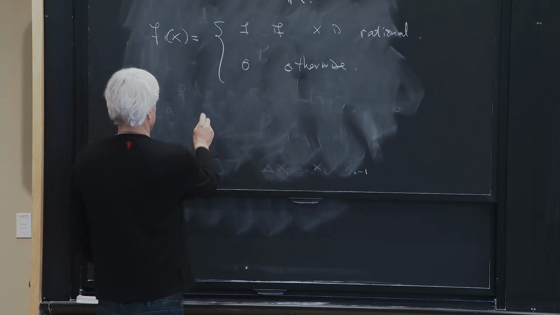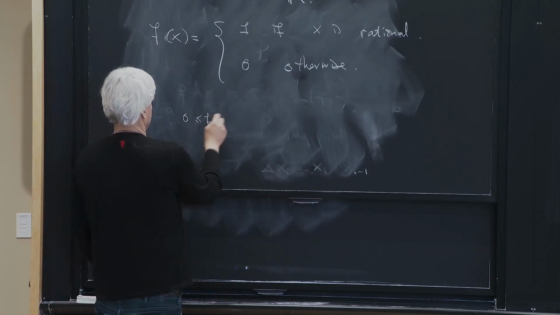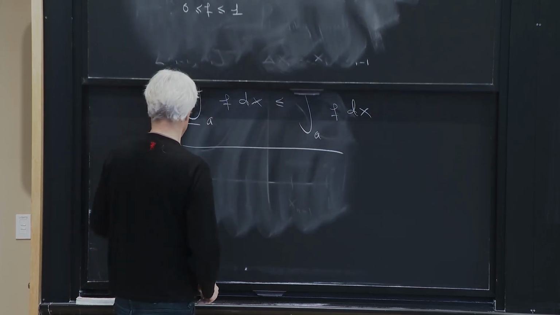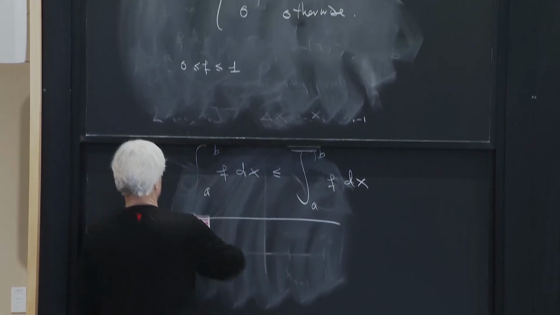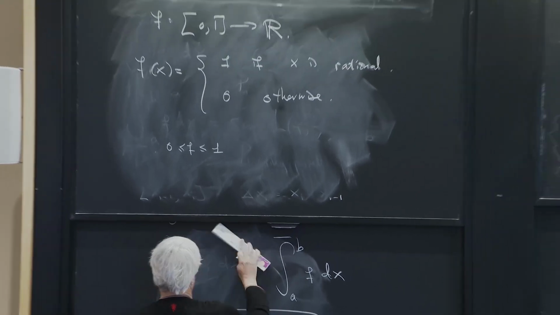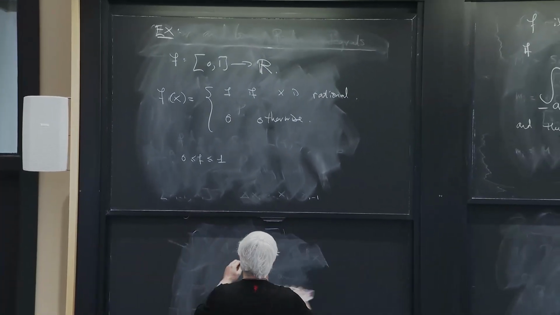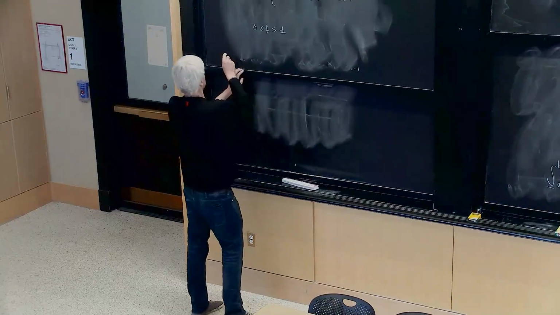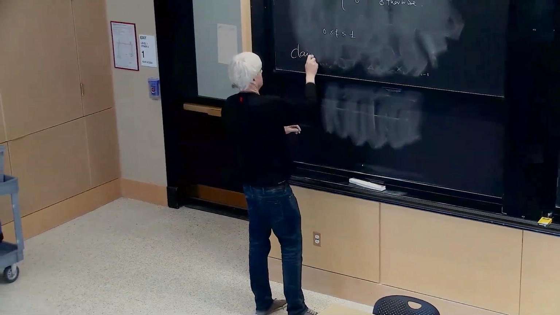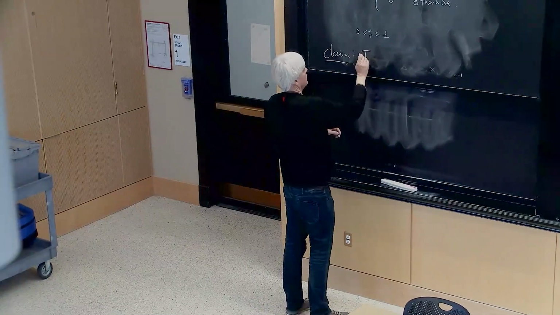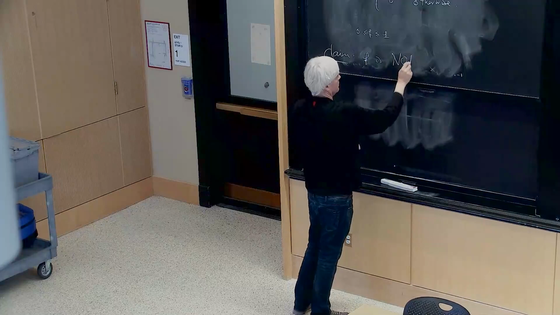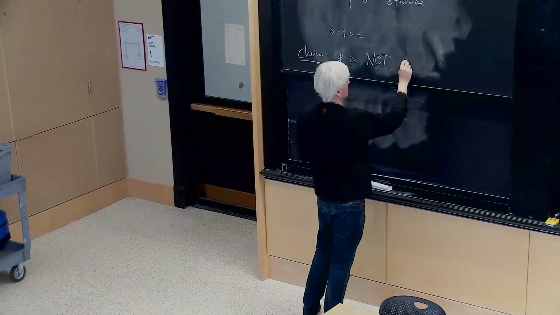And so, of course, this function here is always between 0 and 1, so it's definitely bounded, right? But if you take now any interval, this here, so I claim here f here is not Riemann integrable.